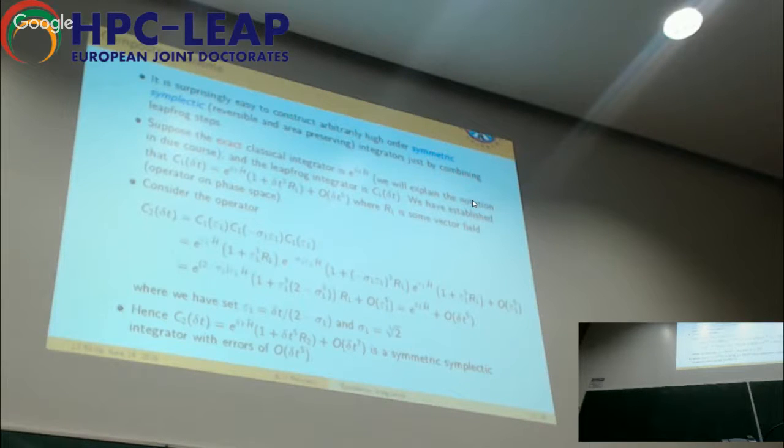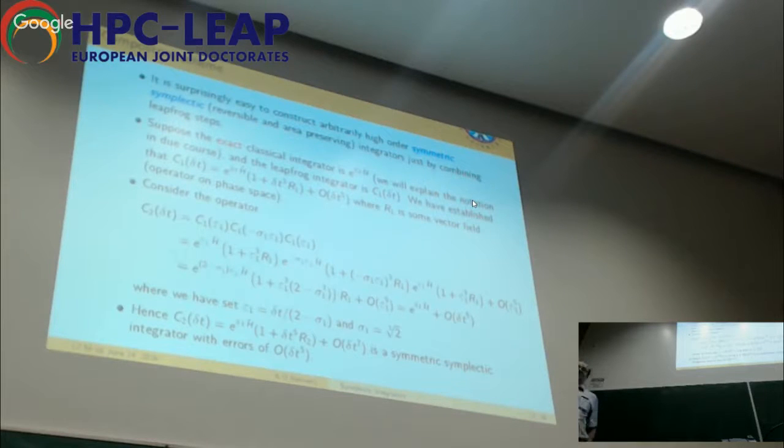So we therefore have an integrator C2 of delta tau, which we can parameterize as e to the delta tau h hat, the exact integrator, plus errors which are order delta tau to the fifth times some function R2, which is just some other function on phase space. And the higher order errors have to be odd power, so the next is order delta tau to the 7. So we've constructed a symmetric symplectic integrator.